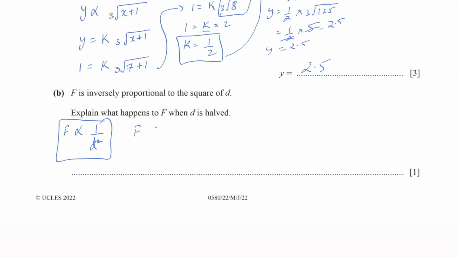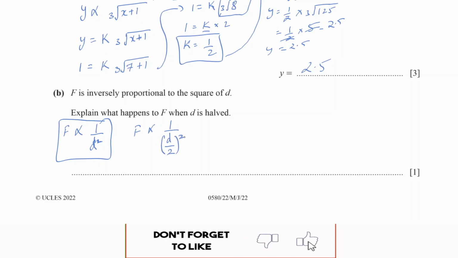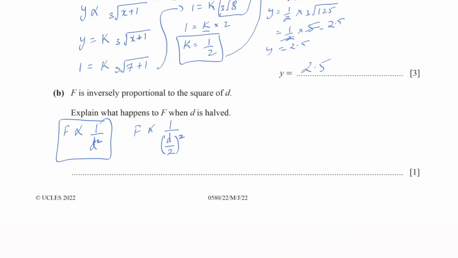So f is inversely proportional to 1 upon, now d is half, so d by 2 whole square. Before it was d, now it is d by 2. What will happen to f now? So f is inversely proportional to 1 by d square by 2 times 2, which is 4, right?